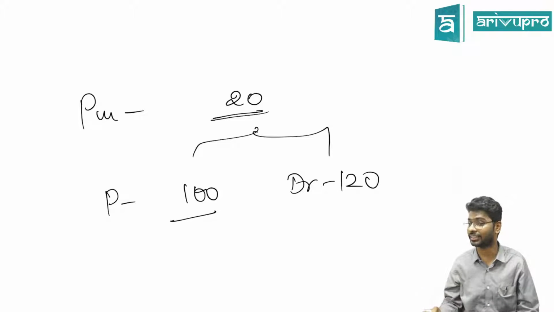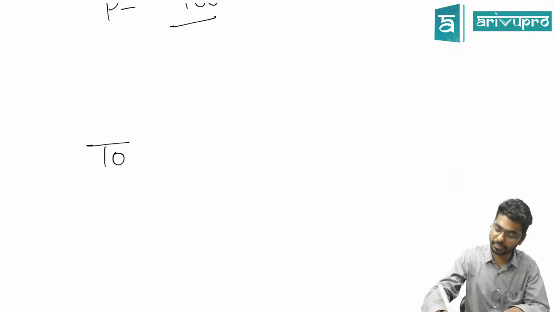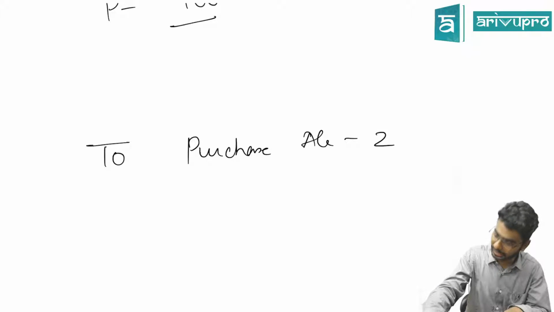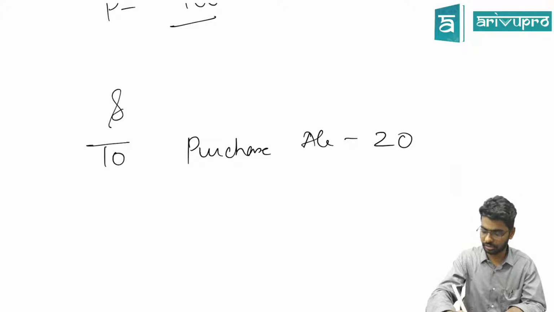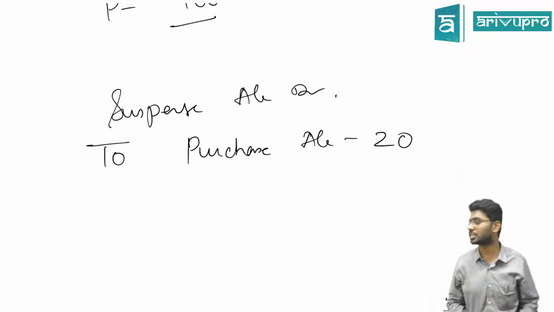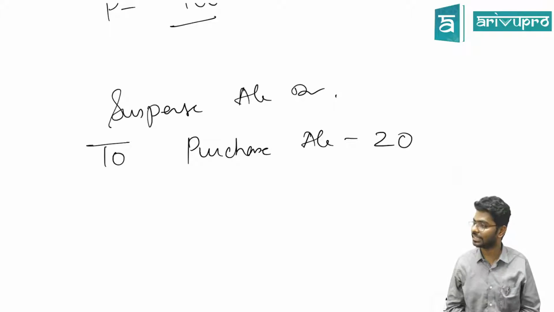How do you cancel it? I told you, you credit it. So you will write: to purchase account 20, suspense account debited. Are you clear? Easy.